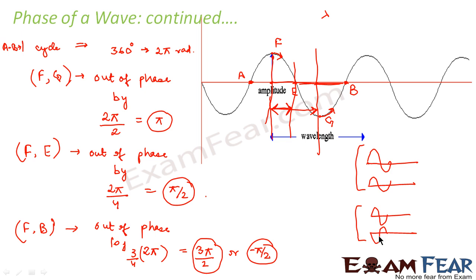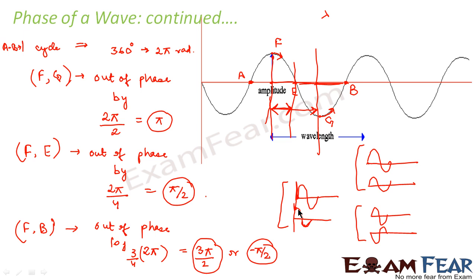Similarly, if you have a third pair of waves, let us say this is one wave, and this is another wave. It starts from here. Here also the point here and the point here are partially out of phase.